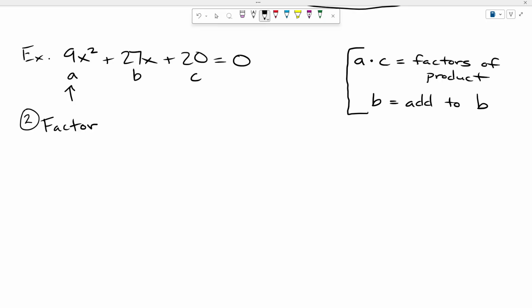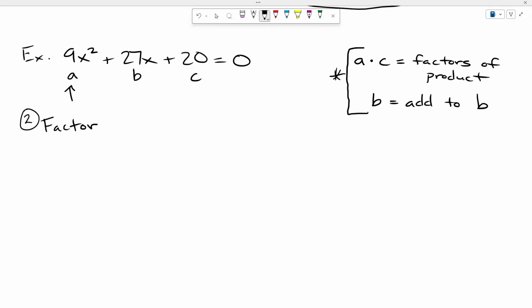We just didn't really have to think about it because our leading coefficient was just 1. Our C was the -45, so we were just taking -45 times 1, and we wanted factors of 45. So we were still doing the same thing. We just didn't really have to think about this concept since A was just 1.